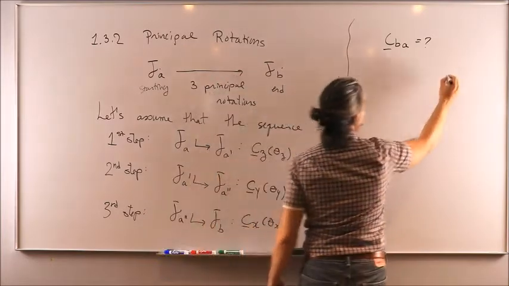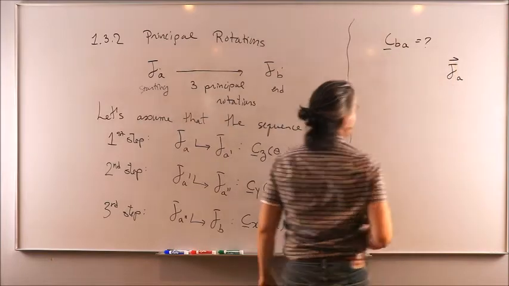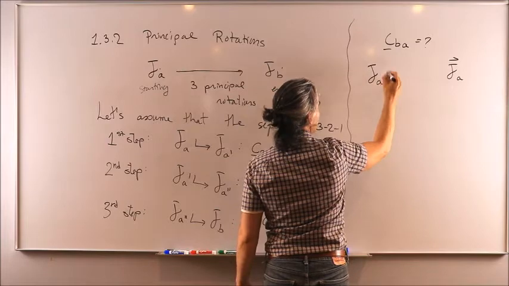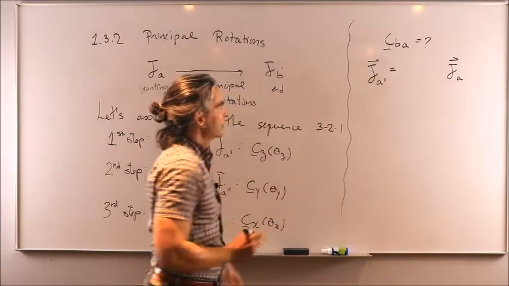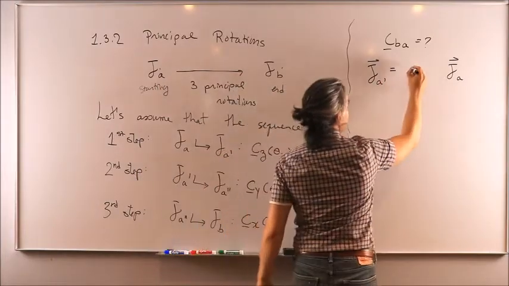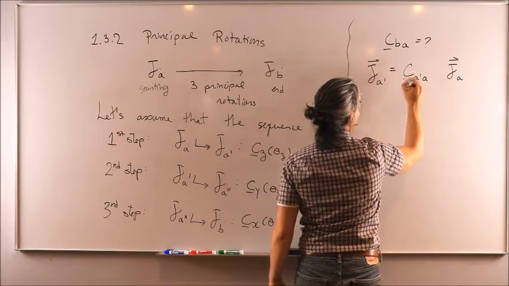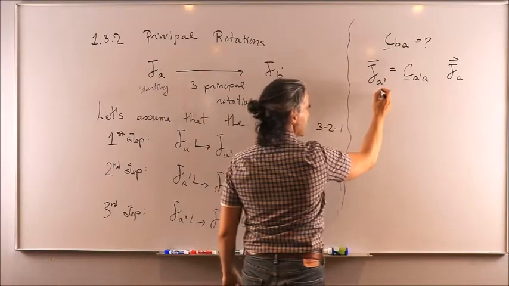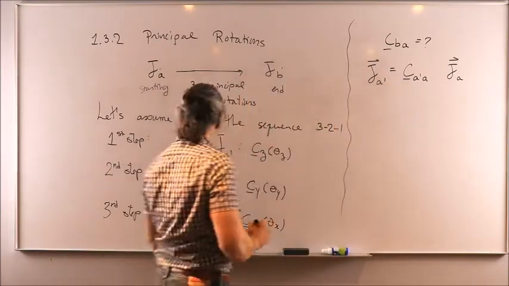Well, you start with your initial reference frame, like that, and we said that we ended up with an intermediate reference frame like this. So obviously, the relationship between both reference frames is the rotation matrix C A prime A. Correct? From the previous lecture, just looking at the subscripts, you can easily determine that.